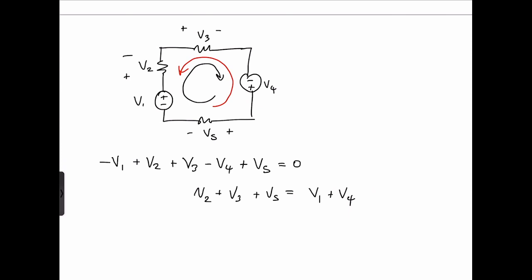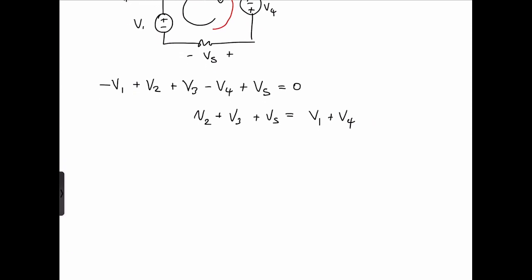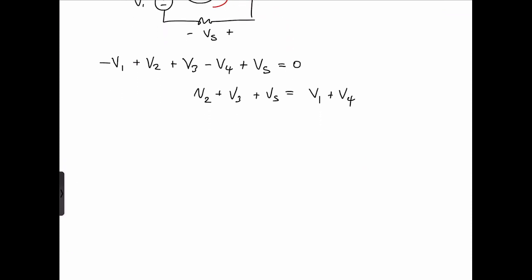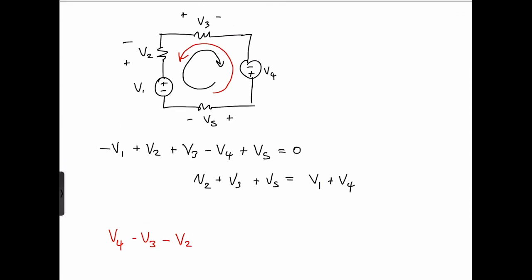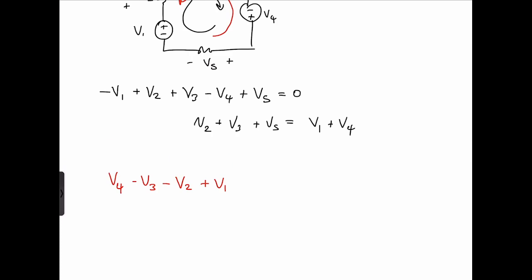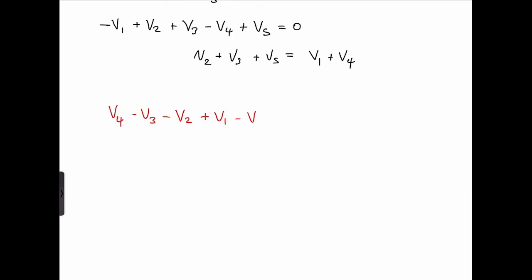Again, we can go around counterclockwise. Going around counterclockwise, we can start from the voltage source V4. If we start from the voltage source V4, we get a positive V4, a negative V3, negative V2, and a positive V1, and a negative V5 equal to 0.